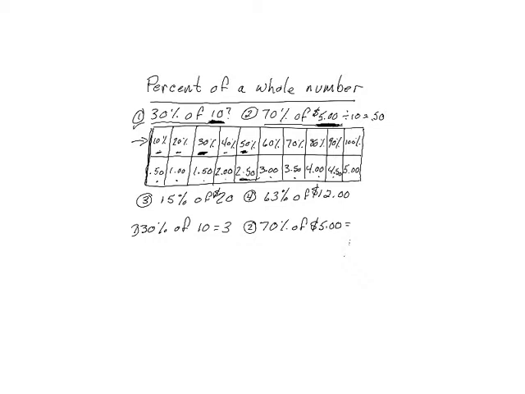Okay, so I'm just going to work out 70% of $5 in the next slide, just so I have some more room, okay? So, switch to the next slide. Okay, so we're looking at 70% of $5.